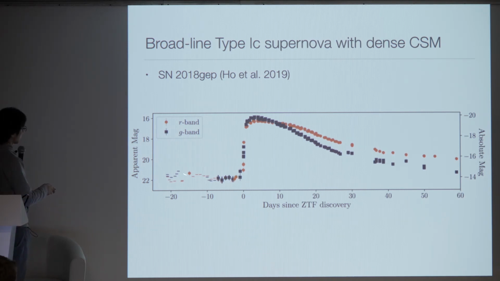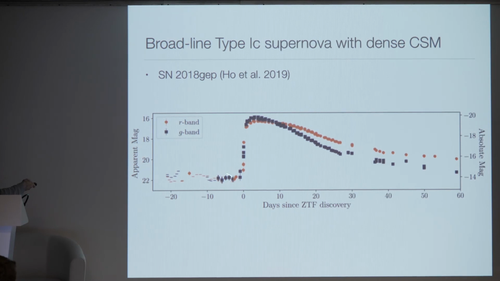And some short brightening was reported. They also found some short brightening 15 days before the explosion, and then it exploded. This had some signature of the circumstellar matter interaction again just after the explosion.